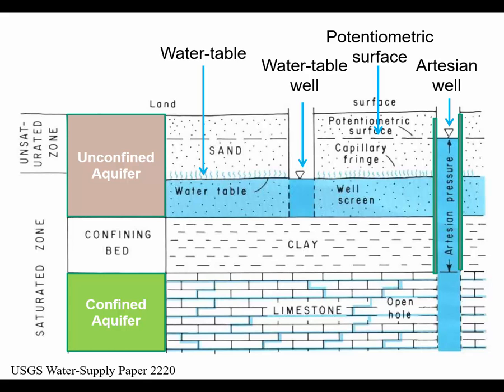But that level, the level to which water rises in a confined aquifer, is in fact the pressure surface, or sometimes called the artesian surface, or the potentiometric surface. All these are names for essentially the level to which water will rise.